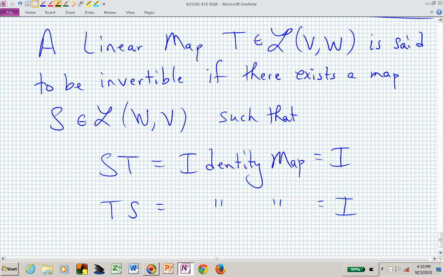So that's what we mean by a linear map being invertible. It has another map, S, such that concatenating S onto T or T onto S gives us the identity map.